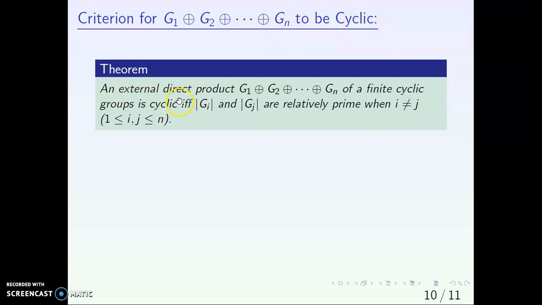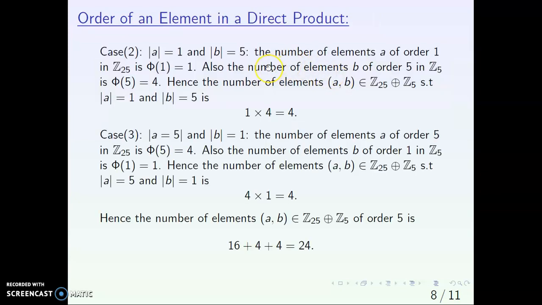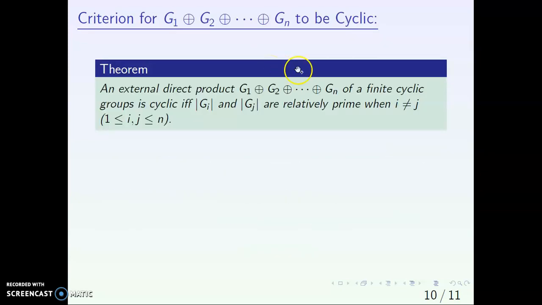Theorem: an external direct product G1 ⊕ G2 ⊕ ... ⊕ Gn of finite cyclic groups, meaning G1 is cyclic, G2 is cyclic, Gn is cyclic, is cyclic if and only if order Gi and order Gj are relatively prime for all i not equal to j, with i and j between 1 and n.